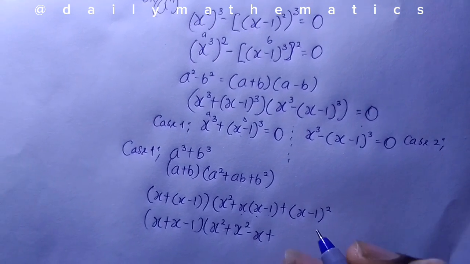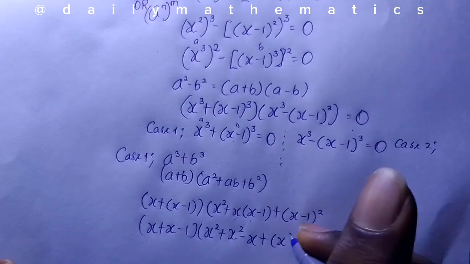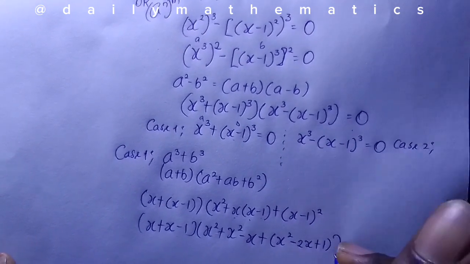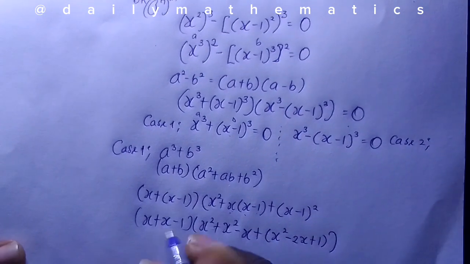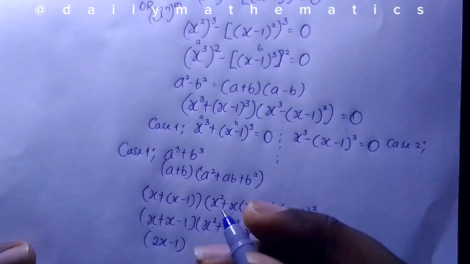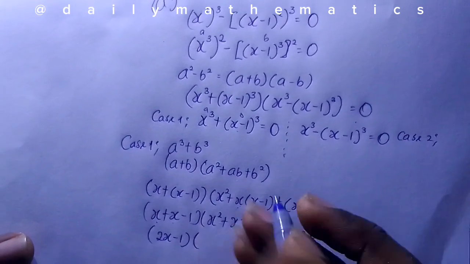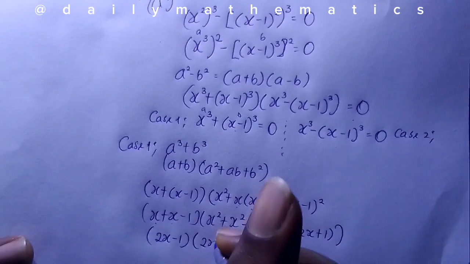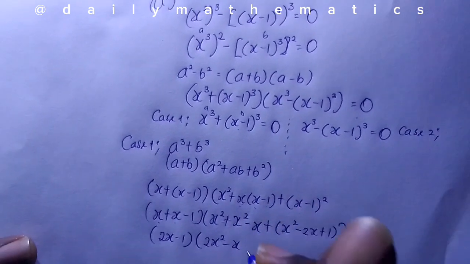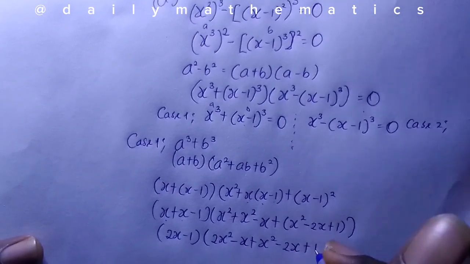Now what does x minus 1 squared give us? It gives us x squared minus 2x plus 1, right? That's what it gives us. So let's open it. x plus x gives us 2x minus 1, and here we have x squared plus x squared, that's 2x squared, minus x plus x squared minus 2x plus 1.